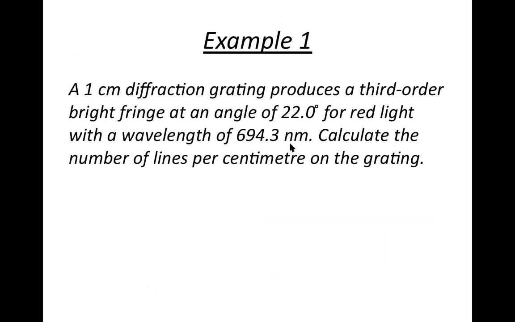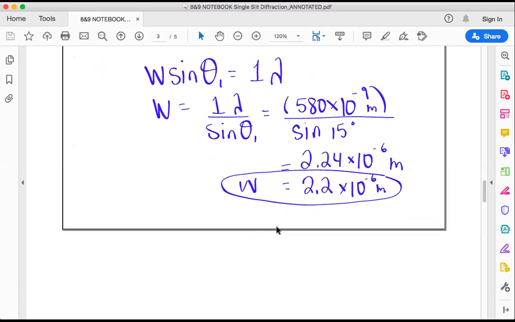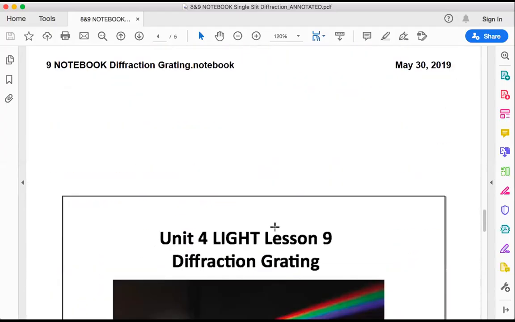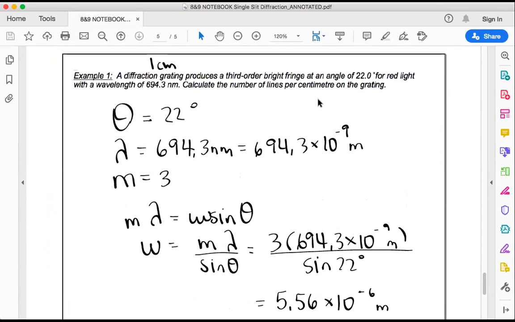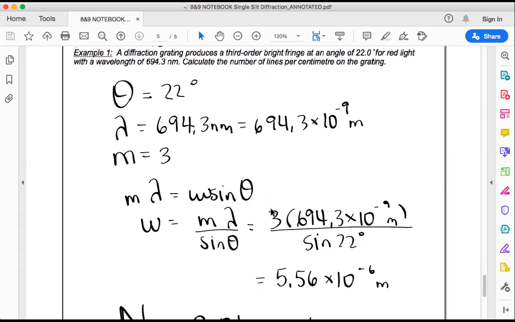So we don't specifically have an equation for the number of lines per centimeter, but it's a 1 centimeter diffraction grating. So if we can find the number of lines, then that is our answer for the number per 1 centimeter. So we've got m lambda equals W sine theta, and we are solving for W.